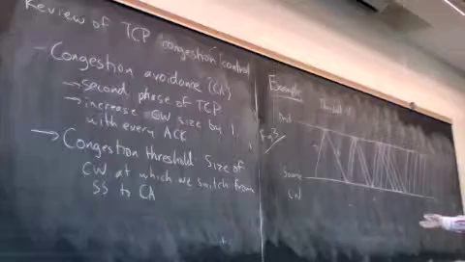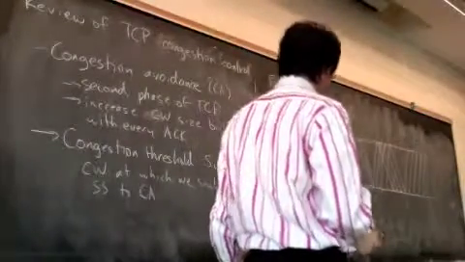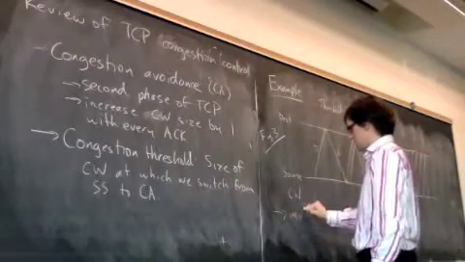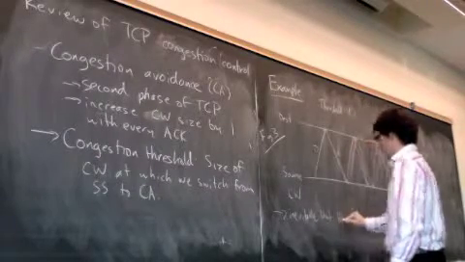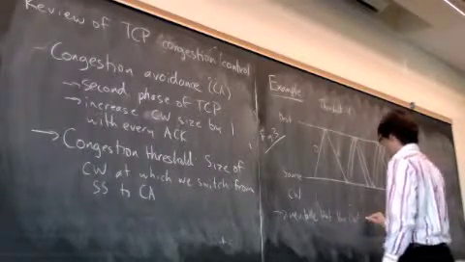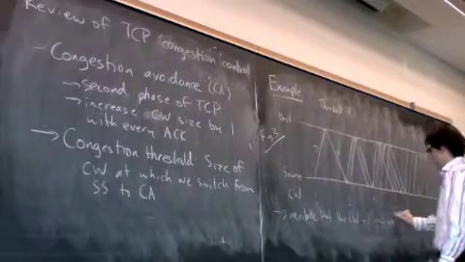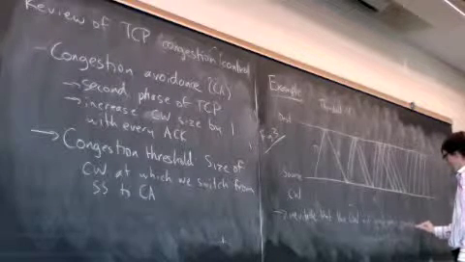So unless my network is already perfectly balanced, it's inevitable that the congestion window will grow until congestion occurs.